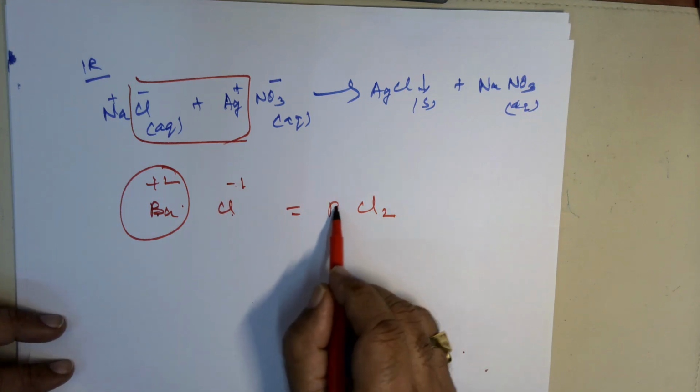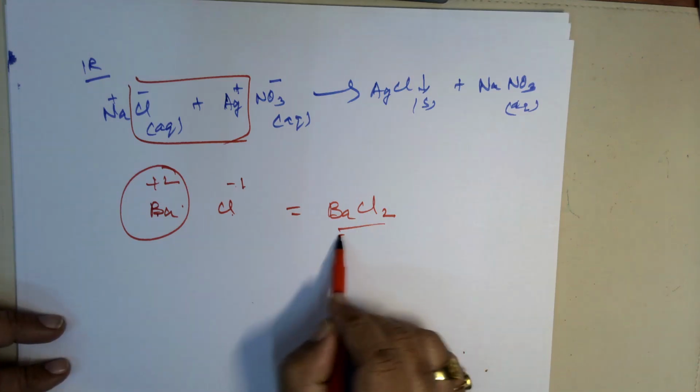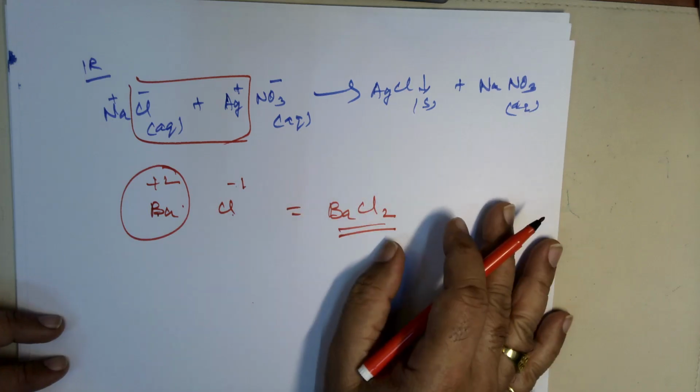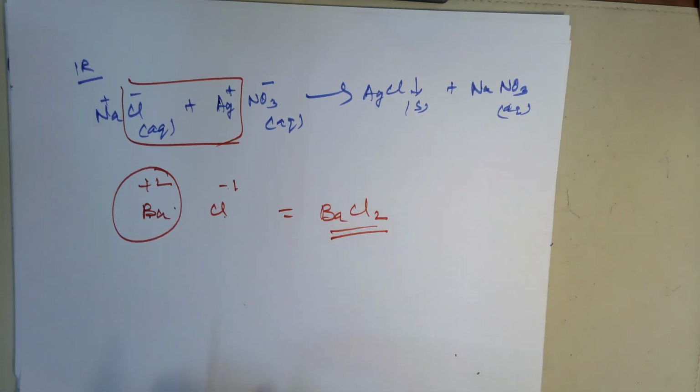So this becomes BaCl2. Are you able to follow? So in this way, they combine and make sure that the net oxidation state is 0. So that is the net charge is 0. So that is why it is non-directional. Okay.